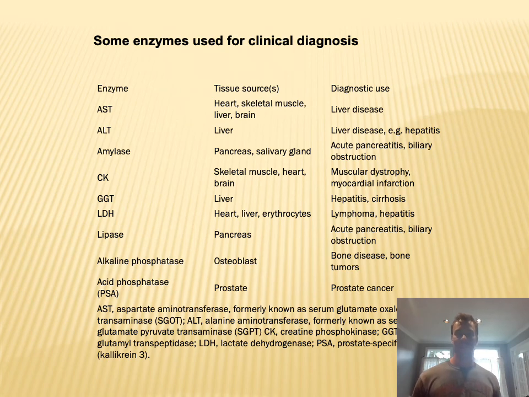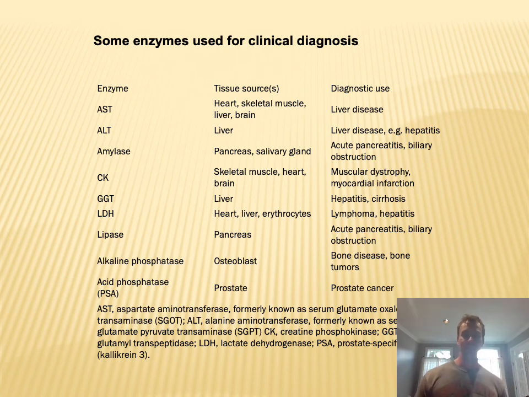Here are some other examples where these enzymes are used for clinical diagnosis. Aspartate aminotransferase, for example, can be used to diagnose liver disease. Alanine aminotransferase can also be used to diagnose liver disease.